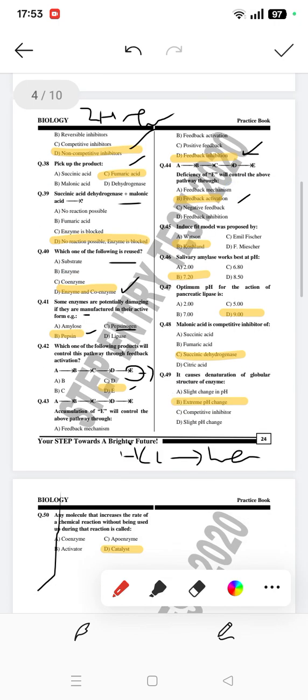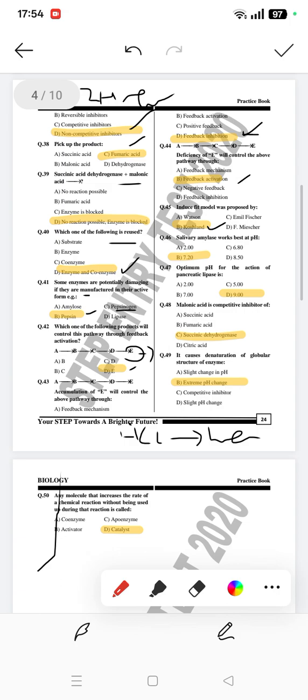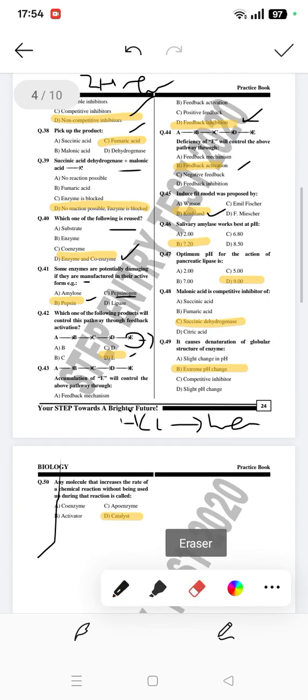The induced fit model was proposed by Koshland, and the lock and key model was proposed by Emil Fischer. Salivary amylase works best at a pH of 7.2, or I think not 7.2, my bad, because they work nearly at neutral pH.